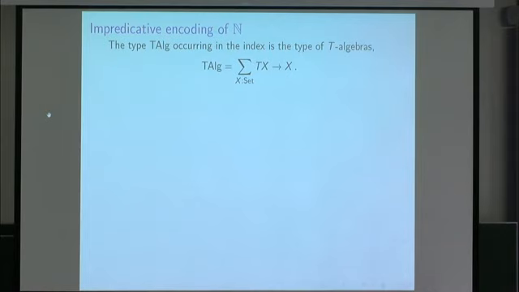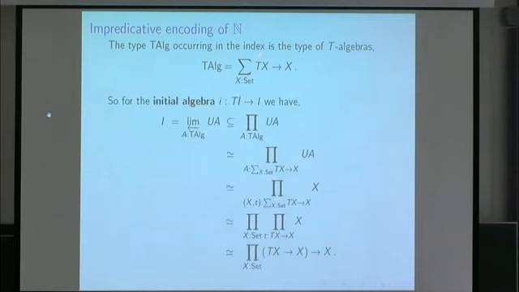So here's how I do it. The type of all T algebras is just this gadget. That's a T algebra, a set together with a map from T, for any endofunctor T. Then the initial algebra is that equalizer that we had on the last slide. There's the equalizer, the limit, and it's a subtype of the type of all T algebras. Let's just unwind that type of T algebras. Well, we replace this T alg by that thing, right?